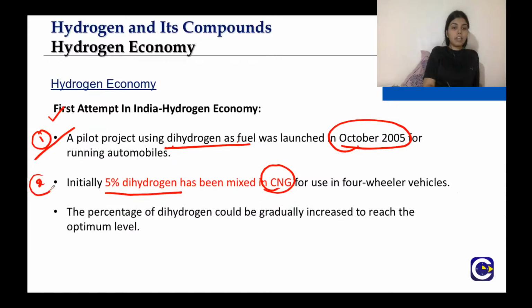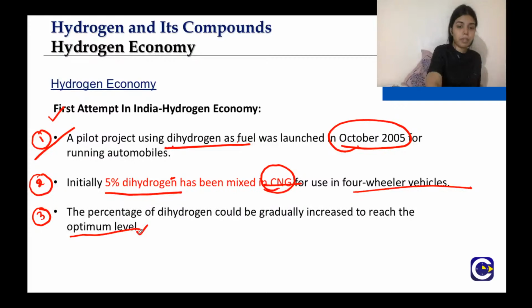Second, 5% dihydrogen was mixed with CNG for the use of four-wheeler vehicles. Third, the percentage of dihydrogen could be gradually increased to reach the optimum level. To minimize the use of CNG, we can increase the amount of dihydrogen.